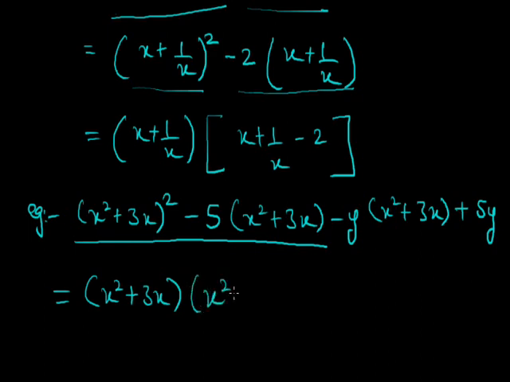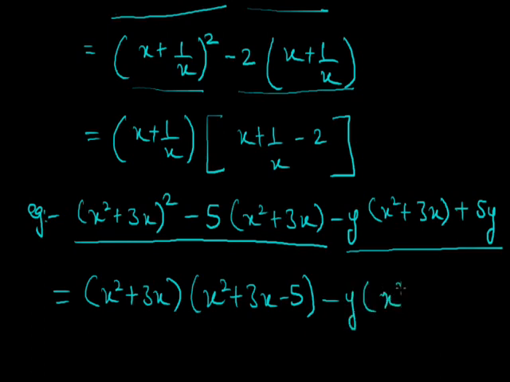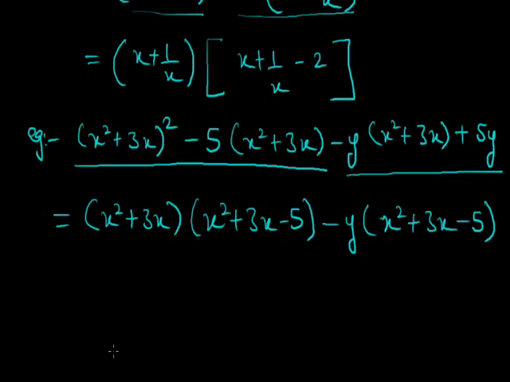So the remaining is x square plus 3x minus 5. In the same way, if we combine the last two terms and take out y common, it will become x square plus 3x minus 5, because we have taken minus y common. So in this way we have combined the first two terms and got a single term, and in the same way we combined the last two terms and got a single term.